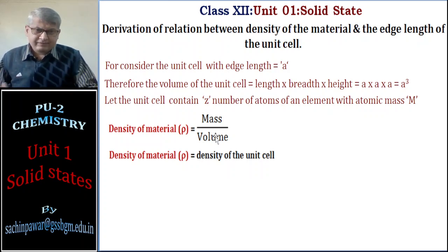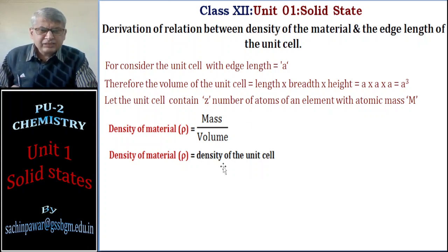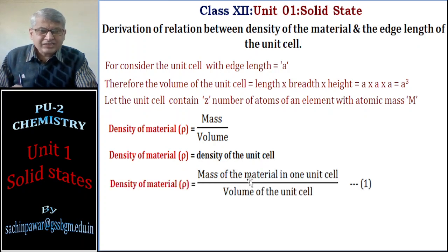So to find that, density of the unit cell means the mass of the material in one unit cell upon the volume of the unit cell. In the denominator, the volume of the unit cell is A cube, you already know it. We have to find out the mass of the material. To find the mass of the material we have to take the help of PUC first year unit 1 chemistry.